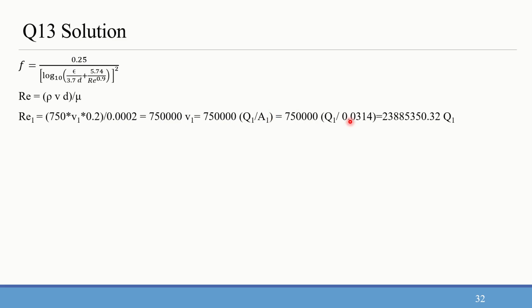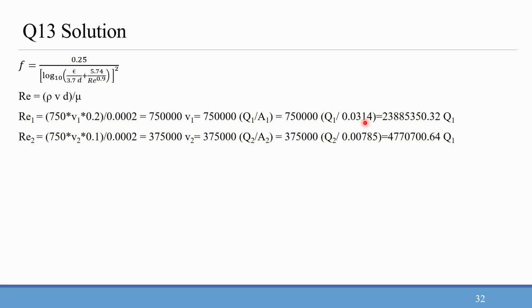A1 is 0.0314, so 750,000 divided by 0.0314 gives us 23,885,350.32 times Q1. It is a huge value.